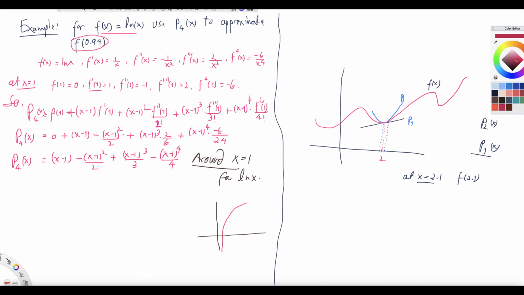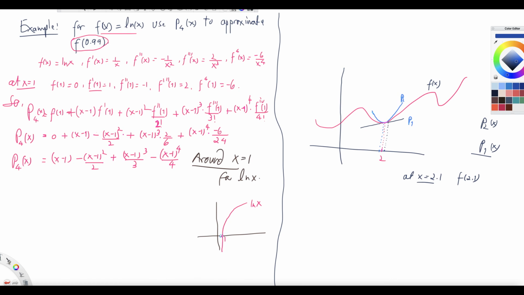This is 1. At 1, the value of the natural log of x is 0. This is basically the exact graph of natural log of x. But you want to find the approximate value at positive 0.99, at that point.